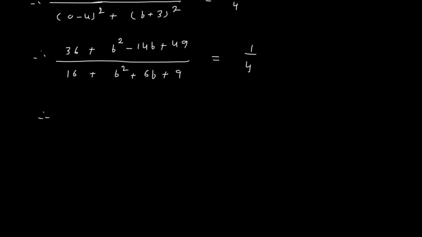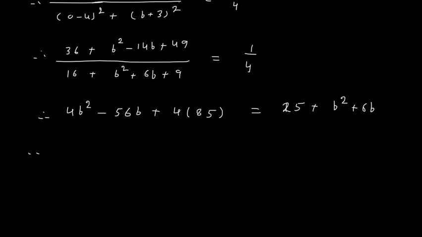So this is 4b square minus 56b plus 4 into 85, which is 340, equals 25 plus b square plus 6b, wait, let me simplify: 4 into (36 plus 49) is 4 into 85, and on the right it is 16 plus 9, which is 25, plus b square plus 6b.